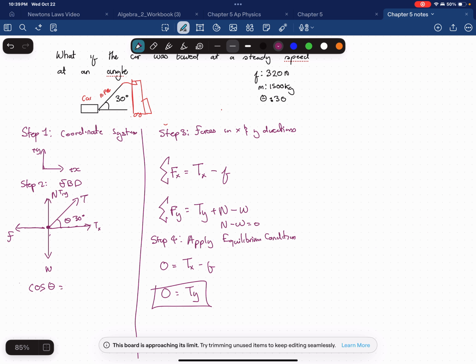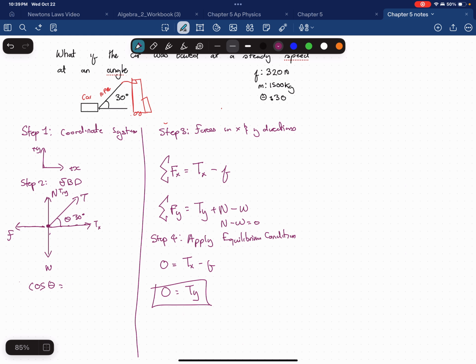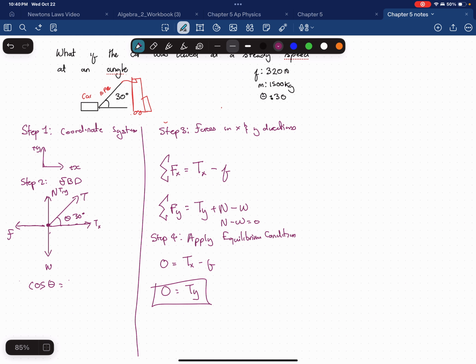So what's cosine? The adjacent is going to be Tx, and my hypotenuse is going to be T. So Tx is going to be equal to T times cosine theta.